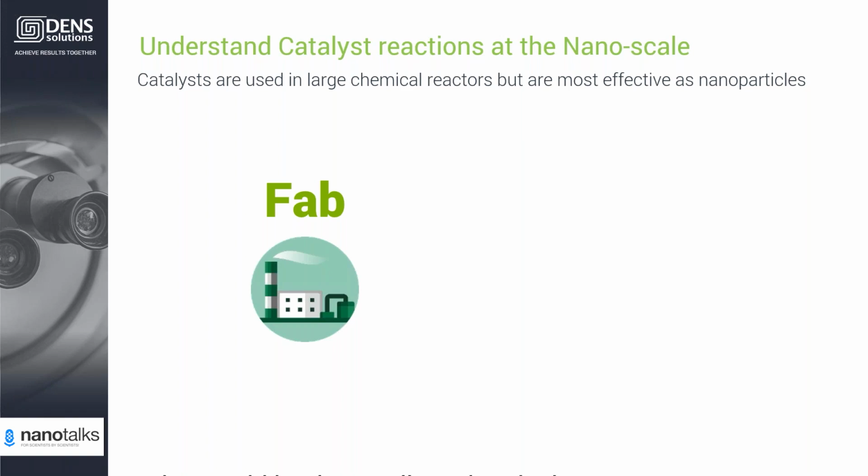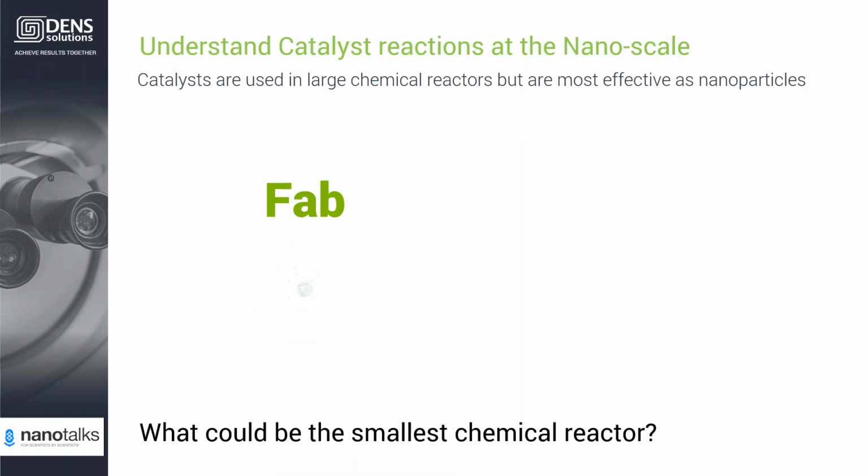So the question is, what could be the smallest chemical reactor that can fit inside a TEM? First of all, you transform your chemical reaction from the fab into the lab. So, for instance, you take an Erlenmeyer with content of 100 milliliter or so, but that still is much too large to observe nanoscale events in the TEM.